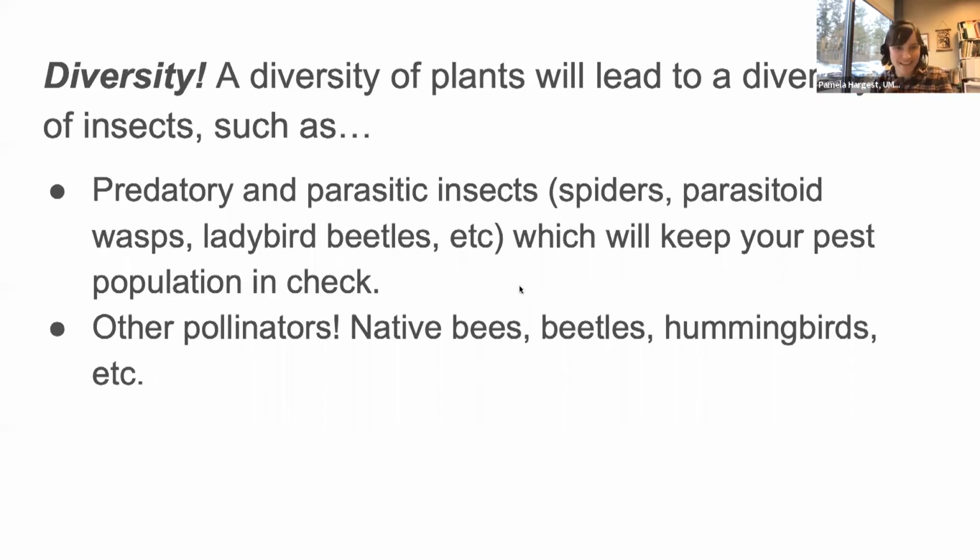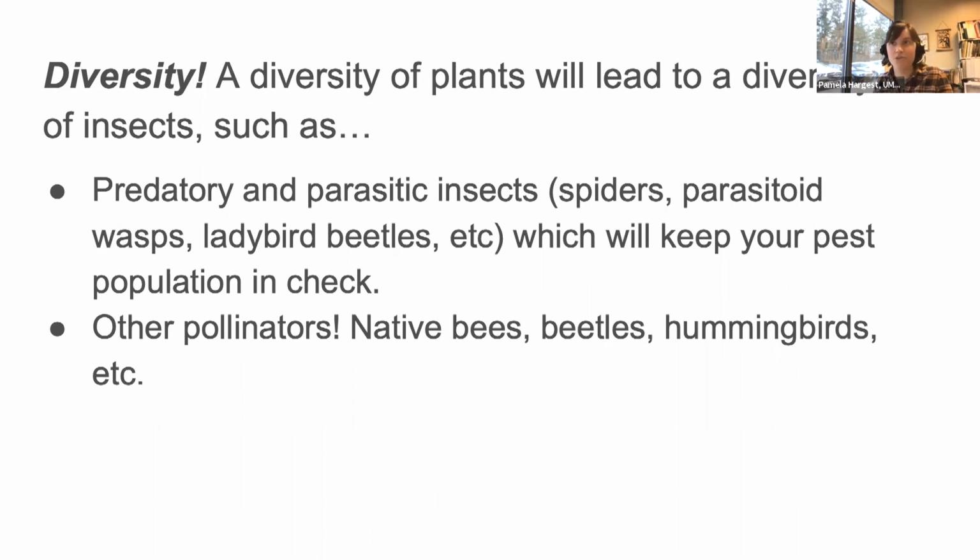So the most important thing, I think, and why companion planting works so well is because it's diversifying your garden. To me, this is one of the biggest reasons why we do companion planting. A diversity of plants will lead to a diversity of insects.